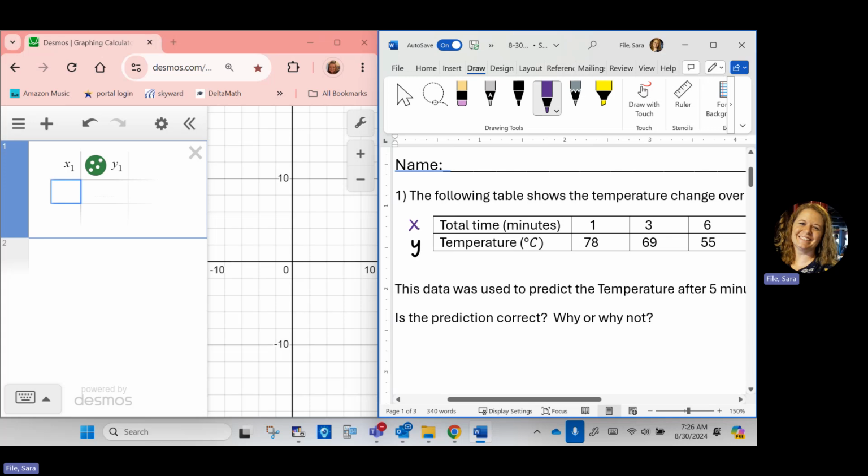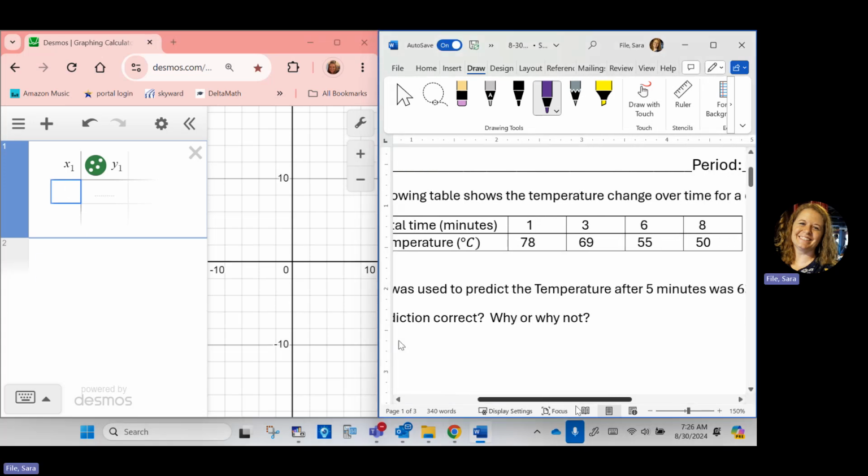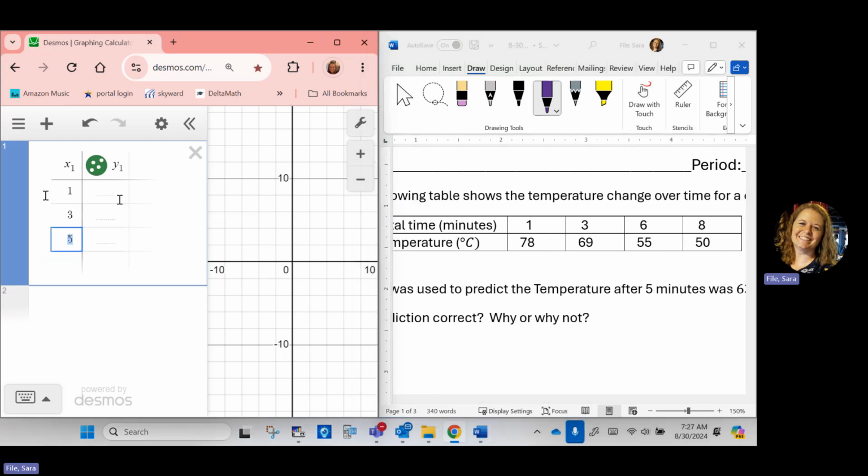So we've got our X and Y, so I'm going to put that in our table. Scroll so I can see all those values. All right, so in my X column, I've got 1, 3, 6, and 8. And here I've got 78, 69, 55, and 50.